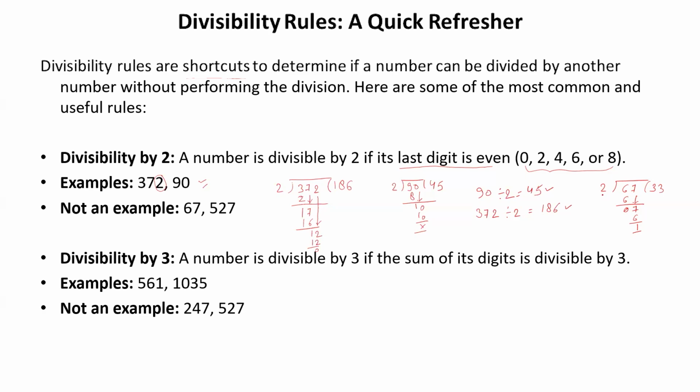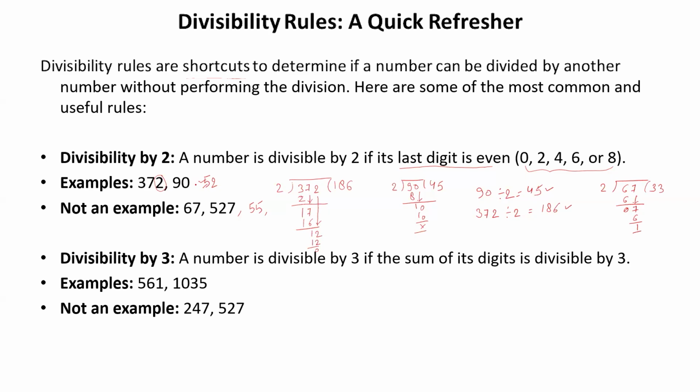And similarly, you can check that 527 will also not be divisible by 2. Similarly, you can check 55 is again not divisible by 2, but 52 is a number which you can easily divide by 2. So, thumb rule is, if the last digit of a number is an even number, you can divide that number by 2 easily. Is that fine?